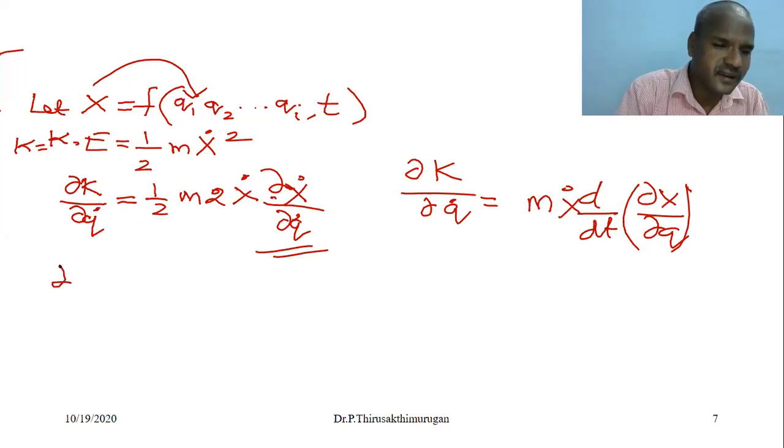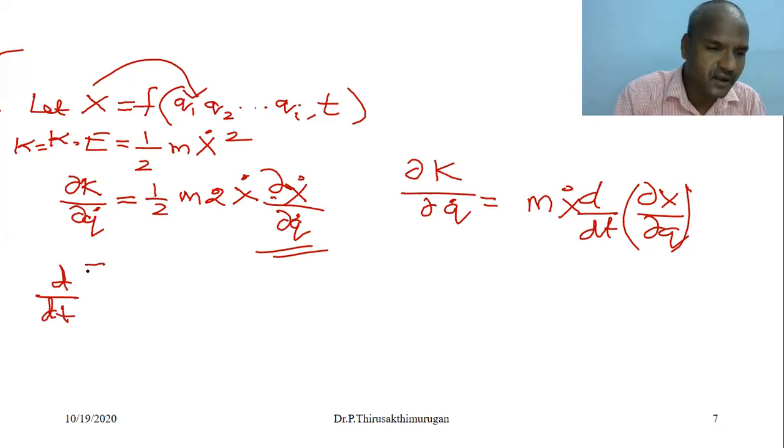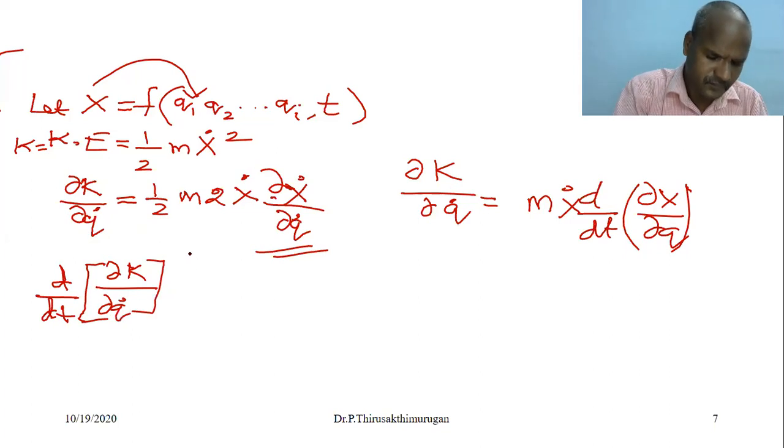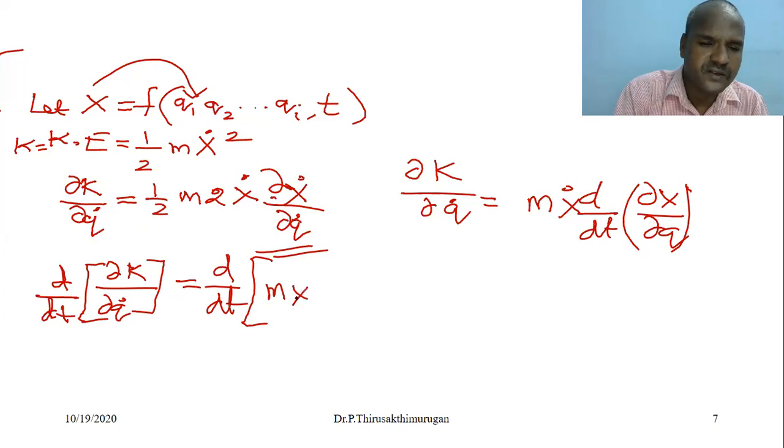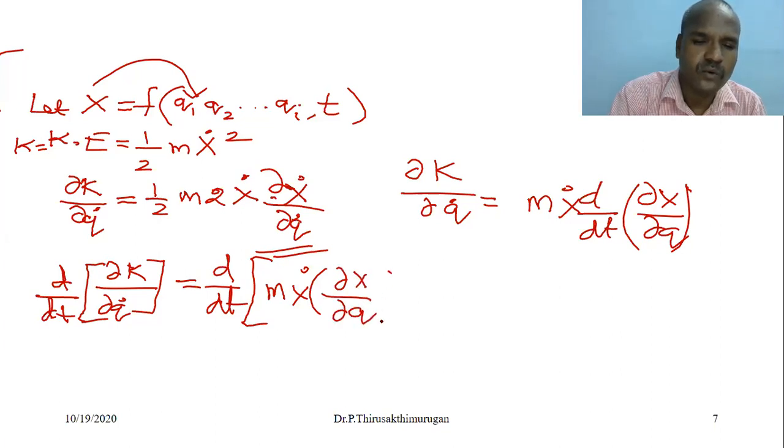So we can write d by dt of dou K by dou q dot, by applying the partial derivative on both sides with respect to q dot, equals d by dt of m x dot dou x by dou q.